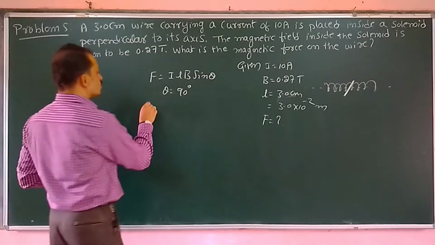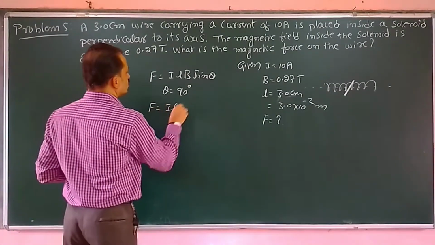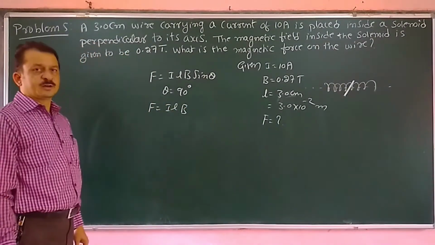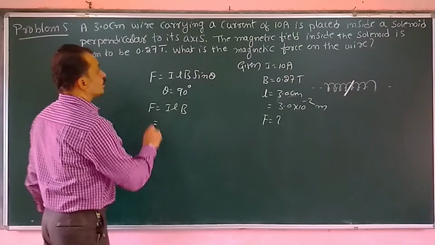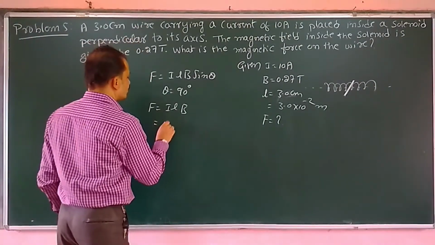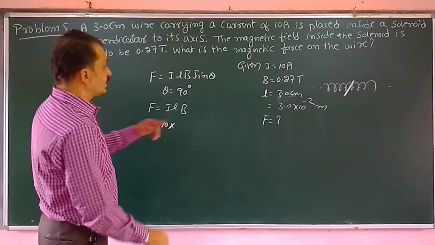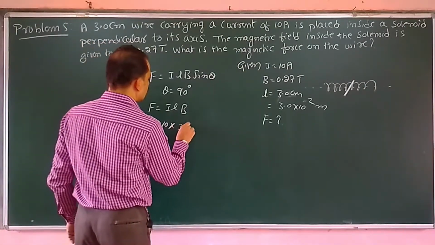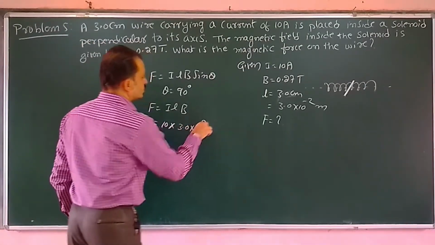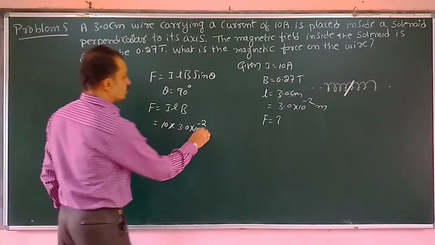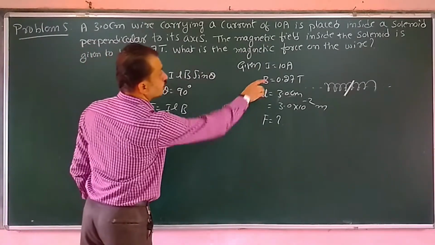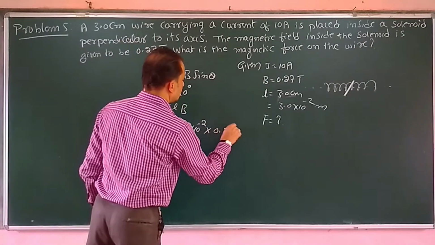Therefore the magnitude of the force is F equal to simply I into L into B. Now what is I? It is 10 amps. And length of the conductor is 3 centimeter, that is 3.0 into 10 raised to minus 2, multiplied by B, magnitude of the magnetic field 0.27.